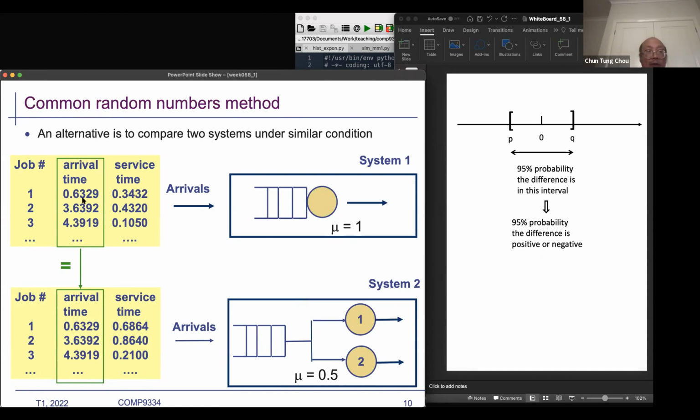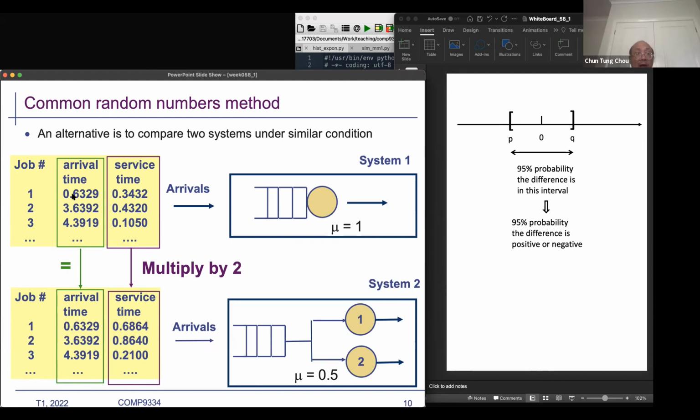When it comes to arrival times, because there's only a single arrival stream, I'm going to use exactly the same arrival times. The second thing I do, when it comes to service times, is I take the service times here and multiply them by 2. So the first job arriving to this system arrives at 0.06329.